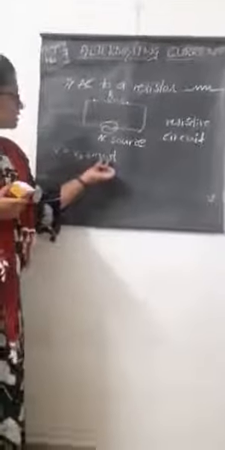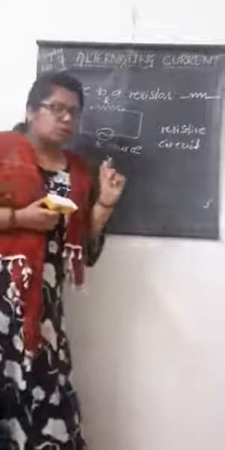Here V0 is the peak voltage, omega is the angular frequency, and t is time.